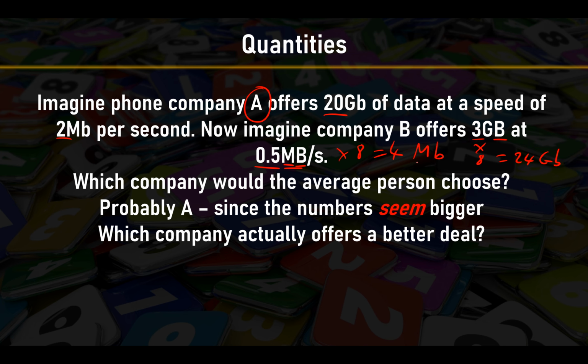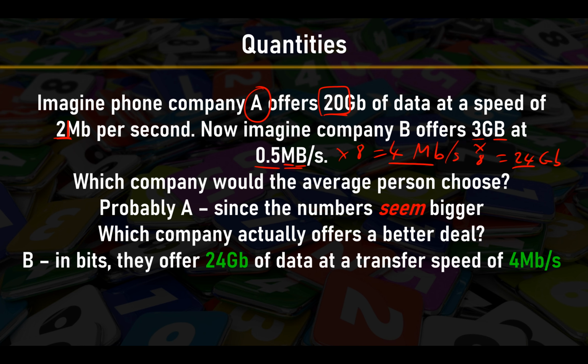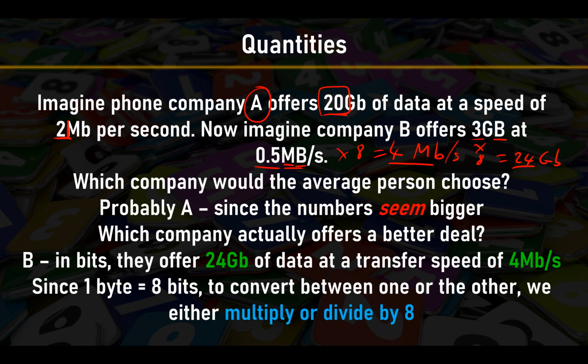And let's get the units: it's 4 megabits. So in this case, A offers 20 gigabits of data, while this one is 24. A offers 2 megabits per second of bandwidth, whereas this one is 4 megabits per second of bandwidth. So of course, B is going to be better.